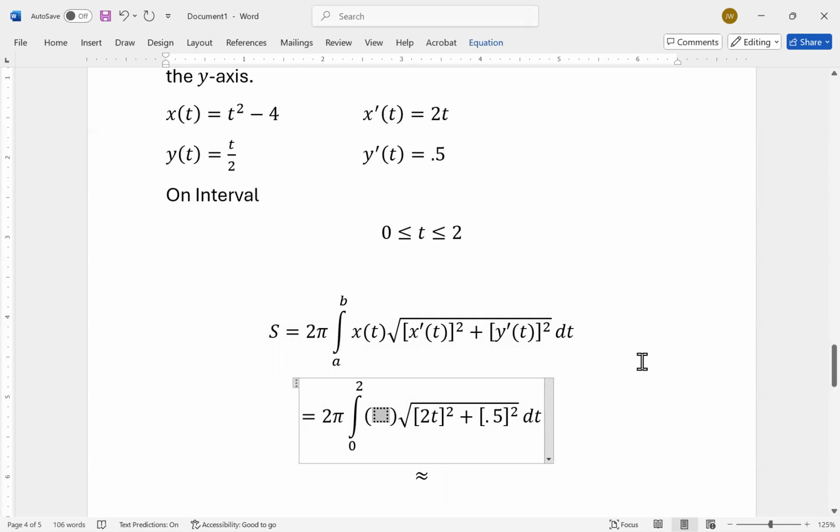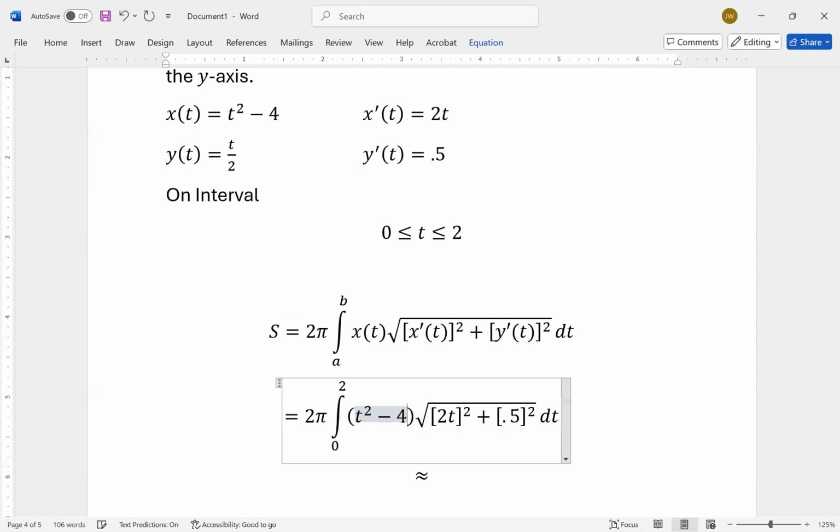When you put in the function x of t, and we're dealing with a function which has multiple terms, specifically t squared minus 4, make sure that t squared minus 4 goes into parentheses. If it doesn't go into parentheses, then it'll throw off everything.